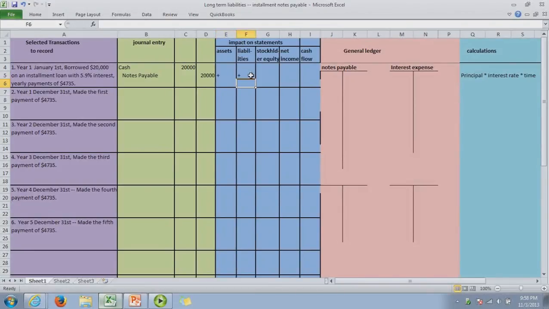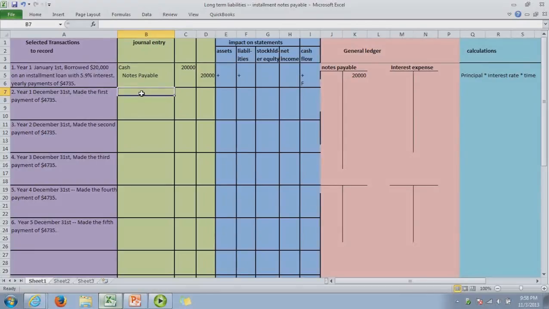That's going to go up. It's going to be a long-term liability. No change to stockholders' equity or net income until we have some interest expense. And we do see a cash inflow, and it's a way of raising money or financing the business. So we have F for financing. And we will set up our loan in our general ledger, and we'll track just the note and the interest expense.